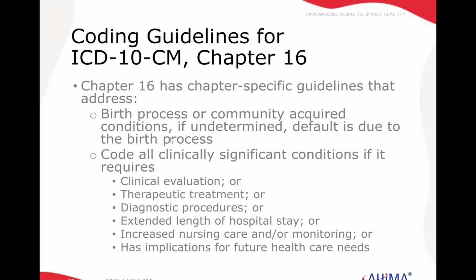We code all clinically significant conditions if it requires any of the following, as it says in the second set of bullet points: any type of clinical evaluation, therapeutic treatment, diagnostic procedures, extended hospital stay, increased nursing care or monitoring, or implications for future healthcare needs. So if you think about those general guidelines that we introduced you to in the first 2 weeks of the course, they most definitely apply here in Chapter 16.